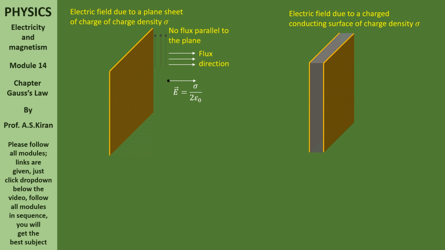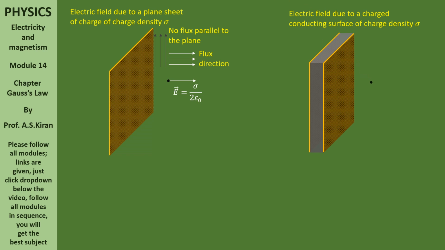In the earlier modules we discussed that if we consider a conducting material, the charge accumulates on the surface. Now here it is a conducting block which is given some charge, but the charge is accumulated on the surface.